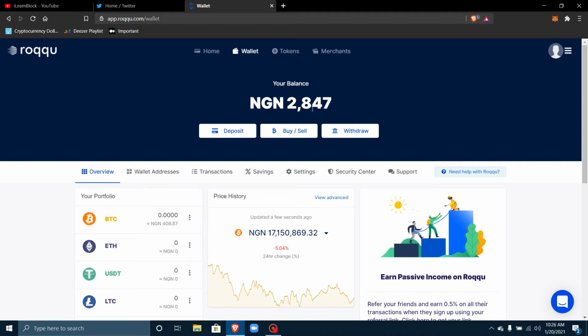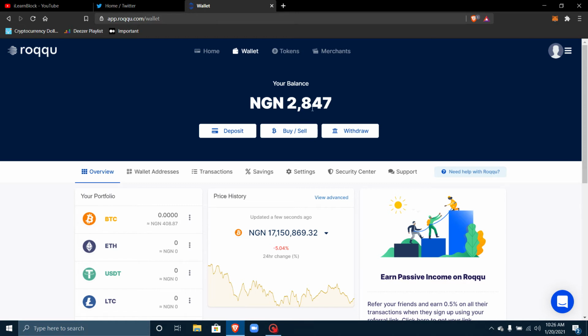The reason why this is very important is that saving in fiat, for example saving in naira, is never advisable because the value of naira is constantly devaluing. We all know that. History has proven over and over again that naira is not an advisable investment.